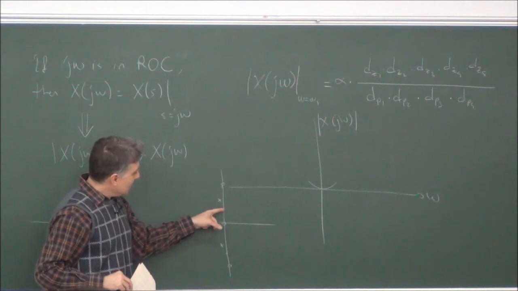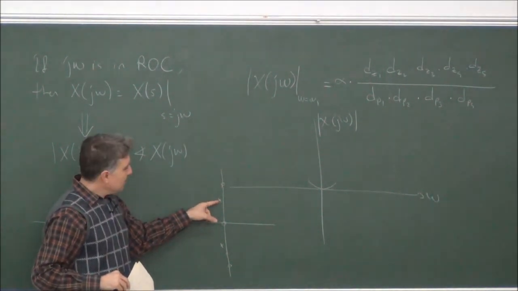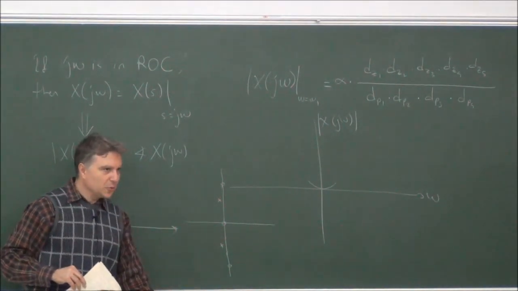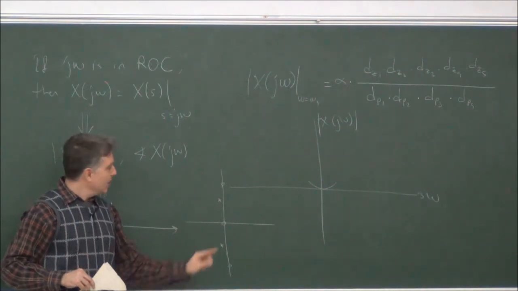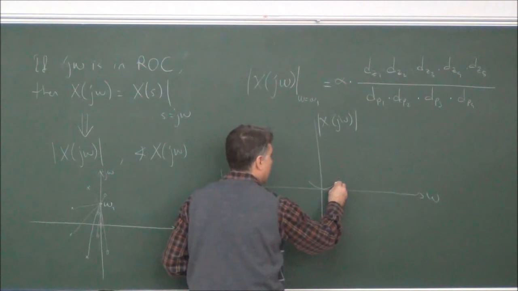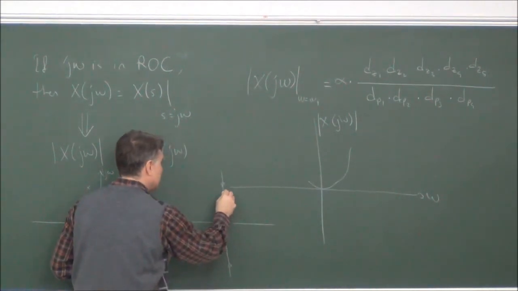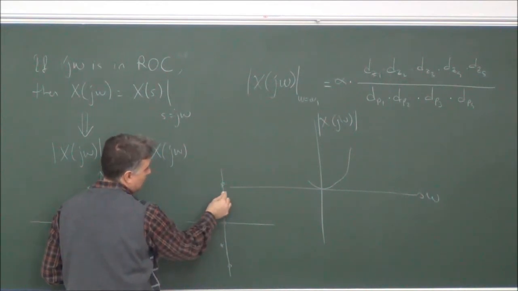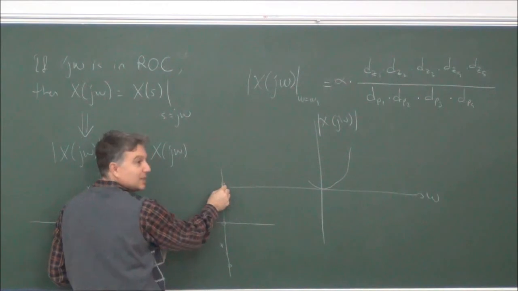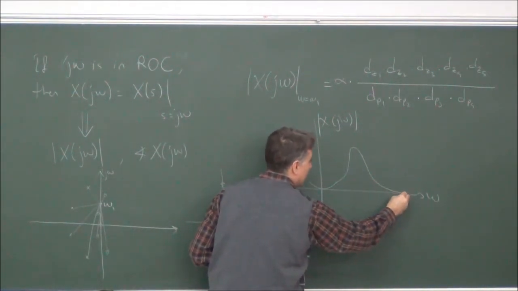But as you see, as I come nearer towards this pole, this time the distance between this point and this pole will be very small, and it's in the denominator, in the multiplication form. So the magnitude will be larger. And then after crossing this point, if you go upwards, you will get farther away from here, and you will become nearer to this 0 this time, and therefore it will be going down to 0.